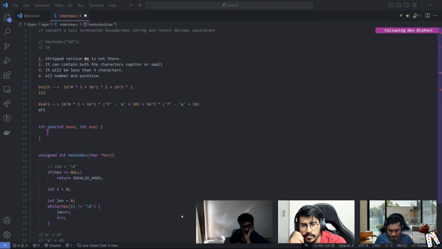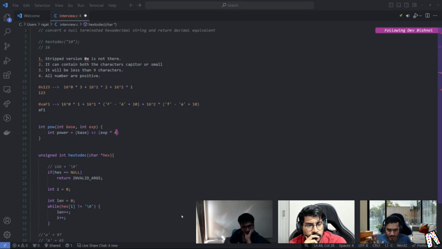Okay. So what I typically want to do is, let's say I have a power function. Power would be the base raised to whatever exponent, multiplied by 4. Is that correct?